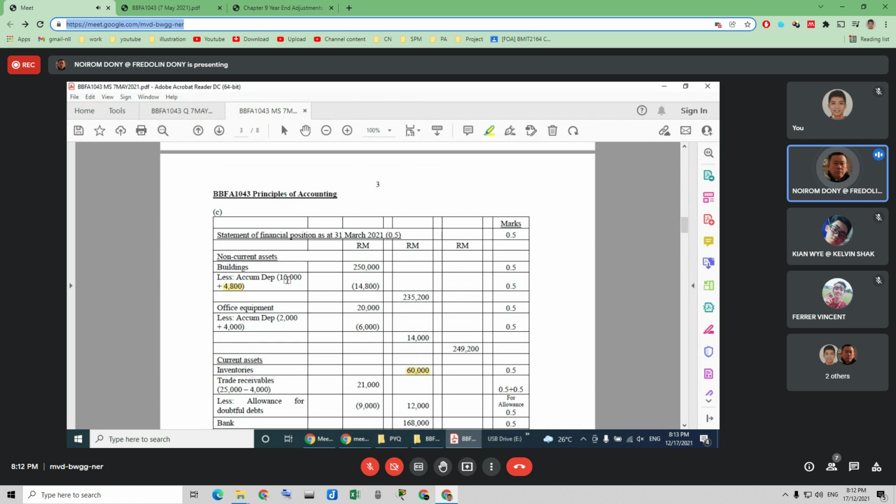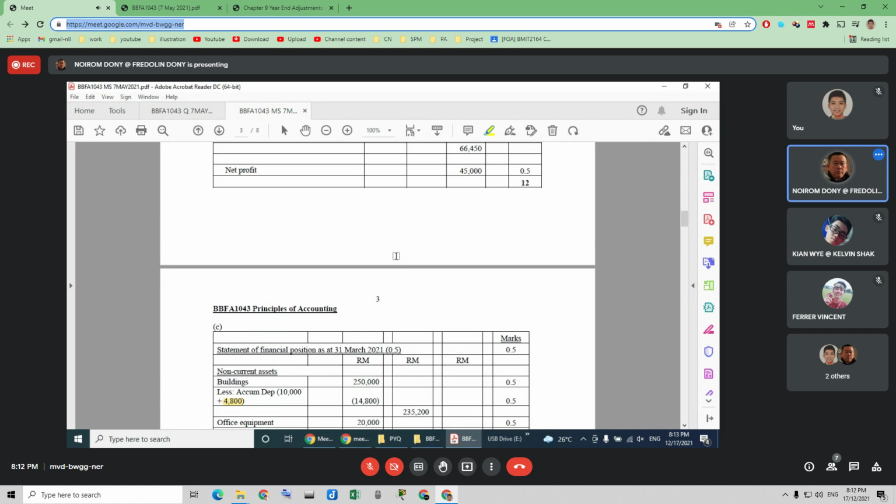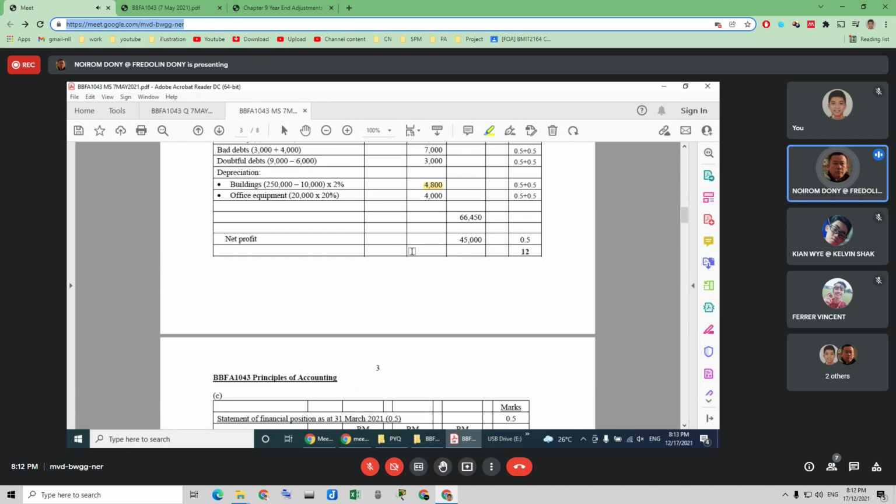We plus with the existing. And then office equipment, 20% on cost. So this is straight line. For office equipment, you have 20,000, you have accumulated depreciation 2,000, but this is not reducing balance.